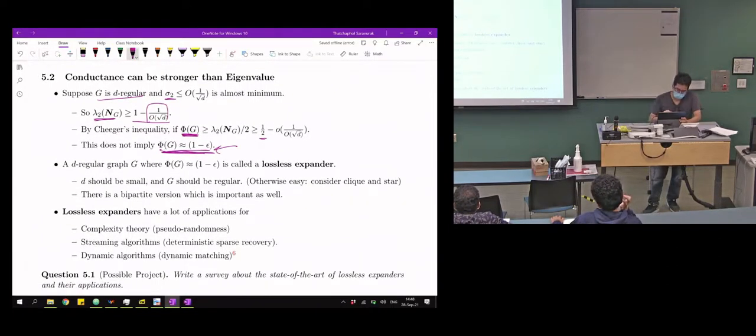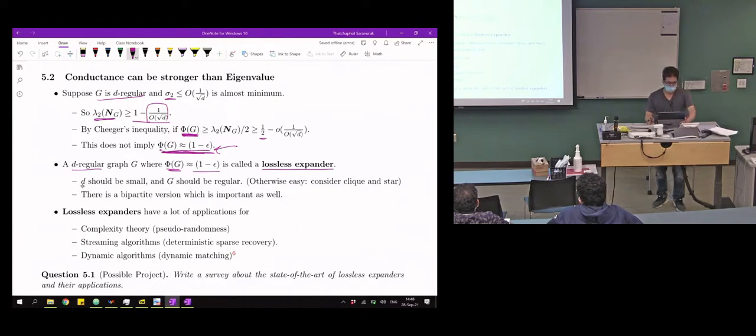By the way, why do we care about this? So when the graph is d-regular and the conductance is actually close to 1, there is a name for it. They call it a lossless expander. And you should think of d as something small, and G should be regular too.